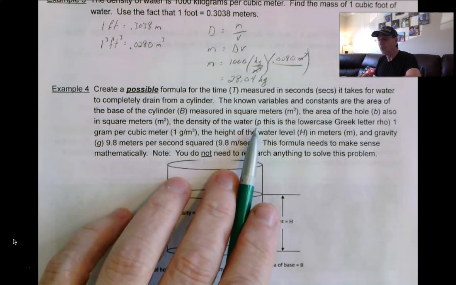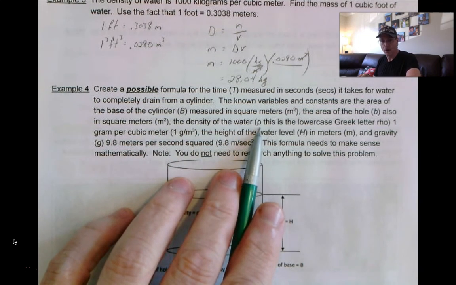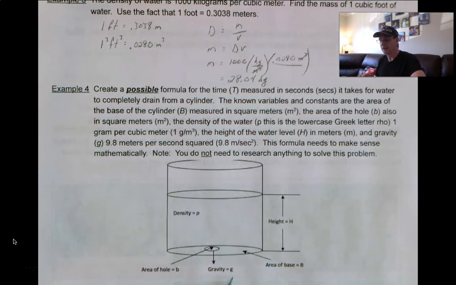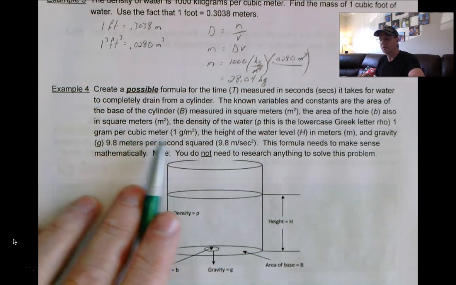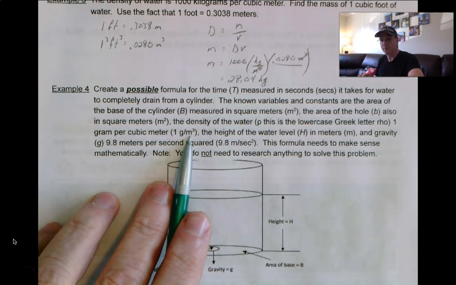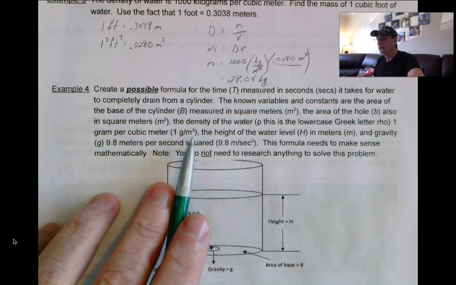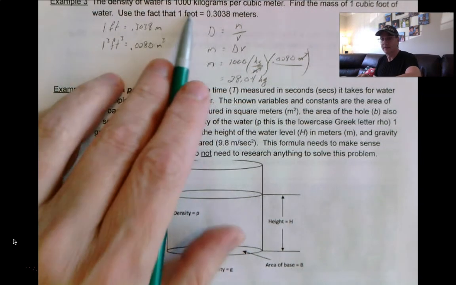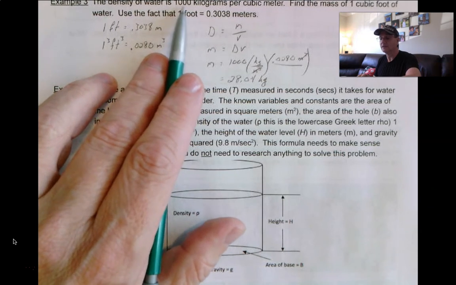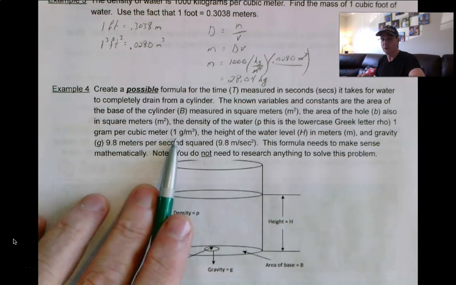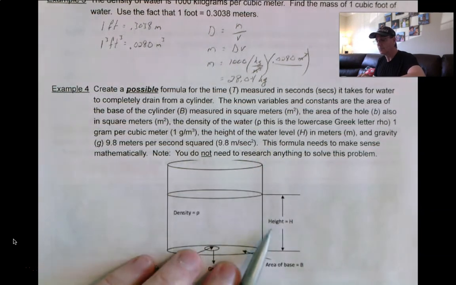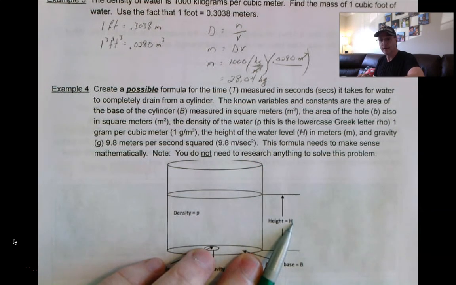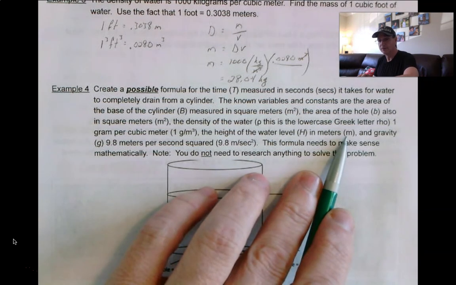We know the density of water, rho, a Greek letter, measured in grams per cubic meter, so 1 gram per cubic meter. That's the same thing as what I had in the previous problem. 1,000 kilograms per cubic meter is the same as 1 gram per cubic centimeter. The height of the water, variable h, is measured in meters.